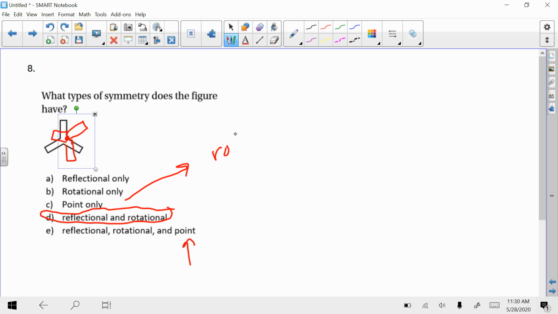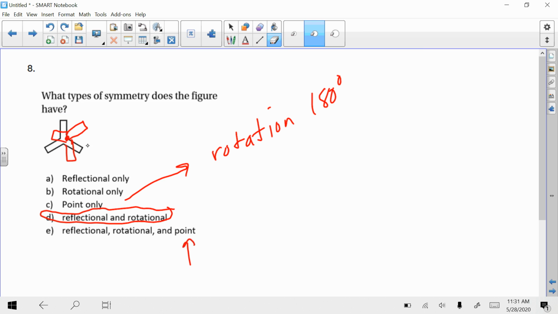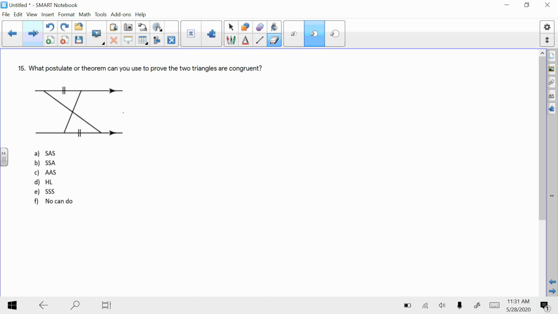If it has rotational at 180 degrees, then it also has point symmetry. So this one has rotational, but it's 120 degrees, so it needs to have rotational at 180 degrees to have point.